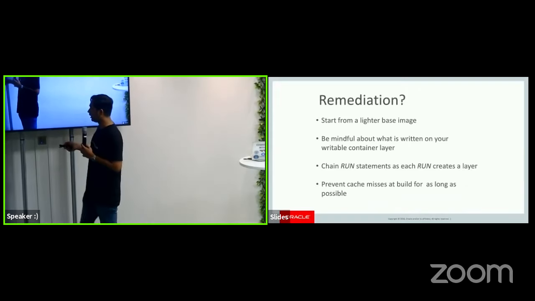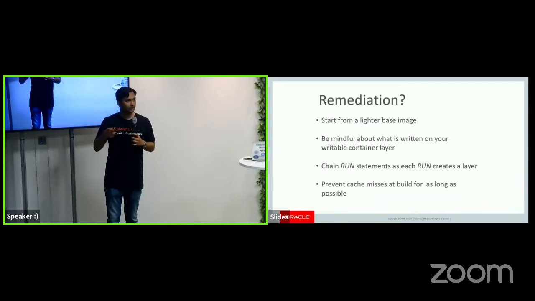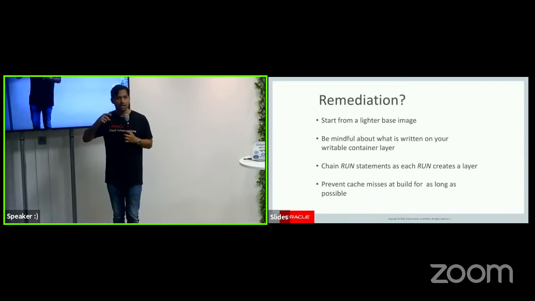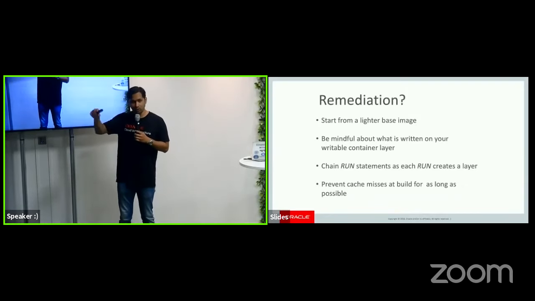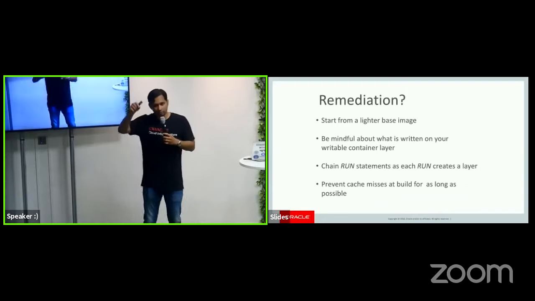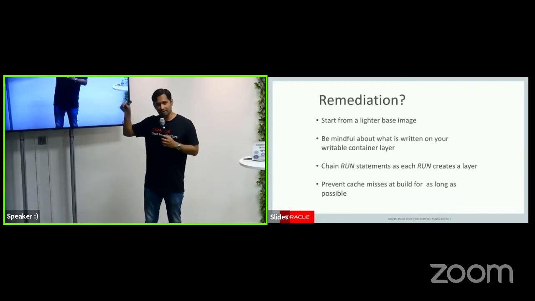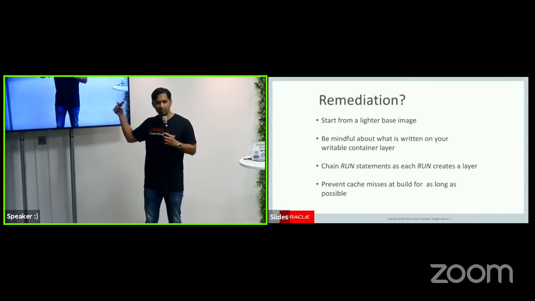Chain your run commands, as each run creates a layer. So we'll be talking about the run command that you need to run within the Dockerfile. One run command creates one Docker layer, a read-only layer, when you build that. But if you write one single run command, and then use an ampersand and run another command within the same run command, the entire run command is going to create just one single image layer.